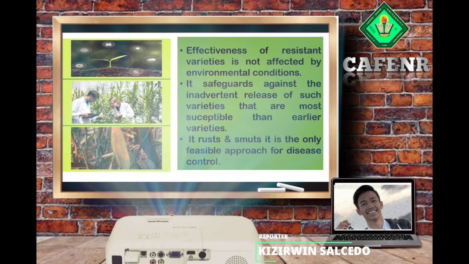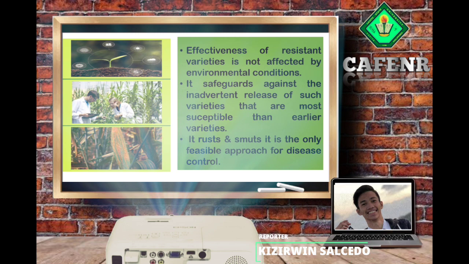Effectiveness of resistant varieties is not affected by environmental conditions, as they were selected among the vigorous varieties. It safeguards against the inadvertent release of varieties that are more susceptible than earlier varieties, as resistant variety crops were planned and bred carefully.